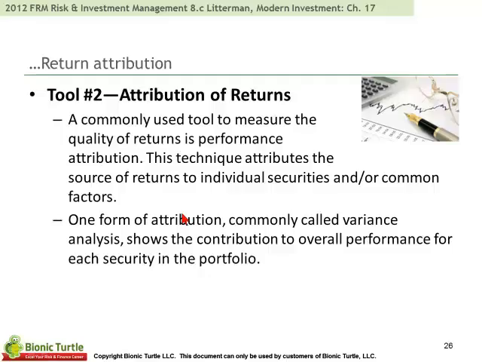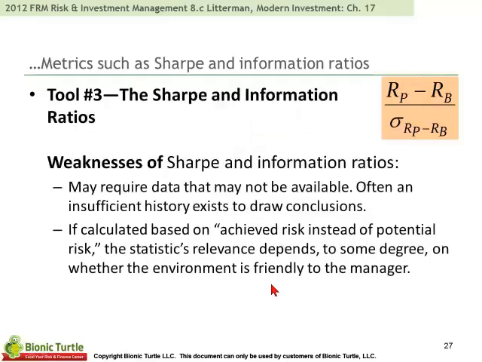A commonly used tool to measure the quality of returns is performance attribution. This technique attributes the sources of returns to individual securities and common factors. One format of attribution, commonly referred to as variance analysis, shows the contribution to overall performance for each security in the portfolio. And then tool 3 would include the Sharpe and information ratios, or metrics like that.